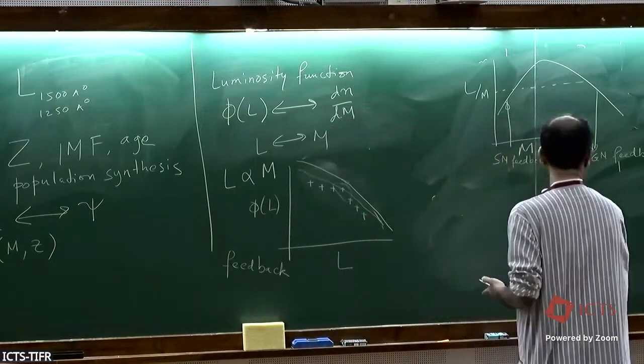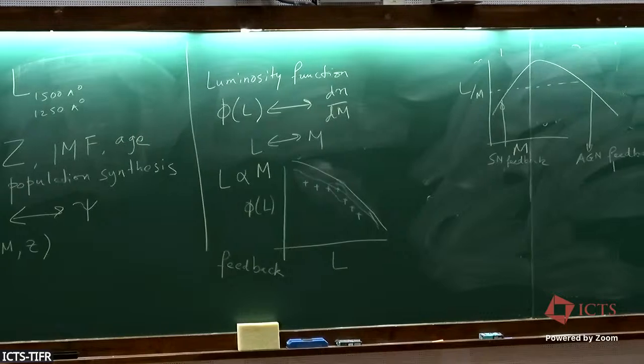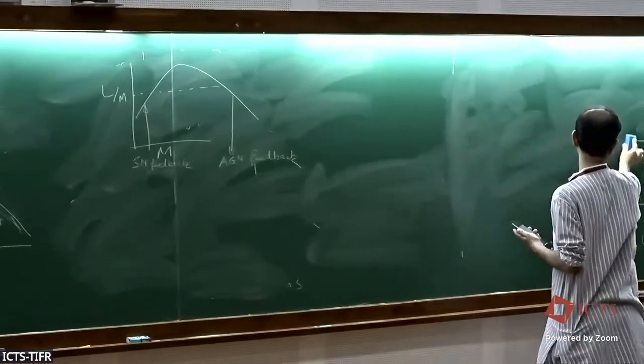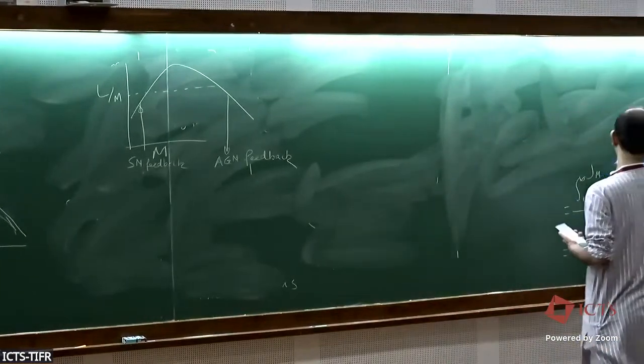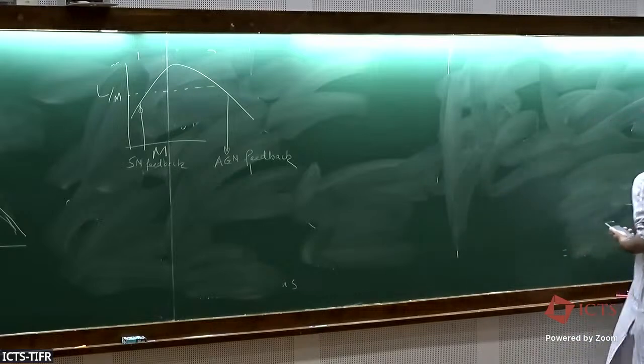So now what we can do is, suppose now I have painted all my halos with some luminosity. Now there is no other freedom. So all the halos have some luminosity. I'm very happy that it matches the luminosity function. Almost by construction, I have chosen that relation so that it matches the luminosity function.